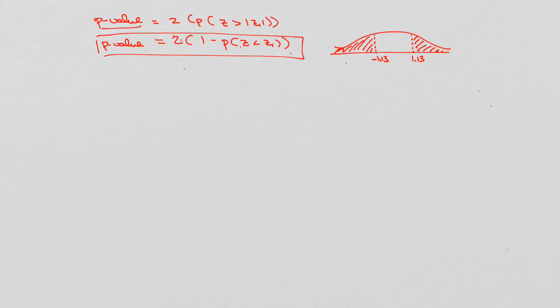So therefore, again, looking at our two-tailed test here, our p-value is 2 times 1 minus the probability that Z is less than 1.13. So as I said, we're always taking the positive value when subbing into this formula here. That's why we're doubling, because of the symmetry. And then what we do is we go to our tables to find out what that value is.